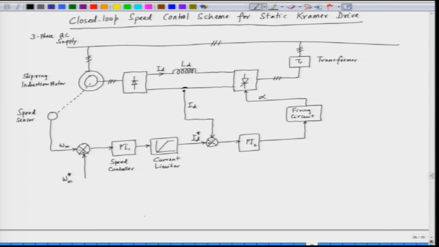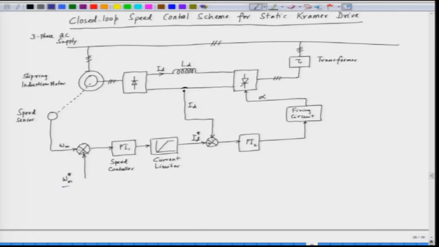and this is the closed loop scheme of the drive system. So, in the closed loop, what we are trying to do? We are trying to control the speed of the slip ring induction motor below the synchronous speed. So, we have a reference speed here. The reference speed is omega m star, and this is compared with the actual speed from a speed sensor, and the speed error is fed to a PI controller, that is a speed controller, and then we have a current limiter which gives us the reference value of the DC link current.